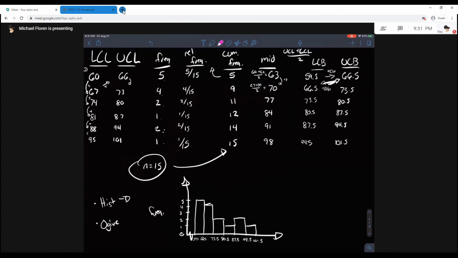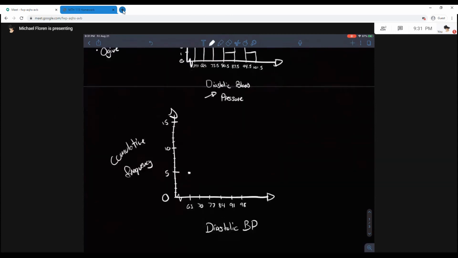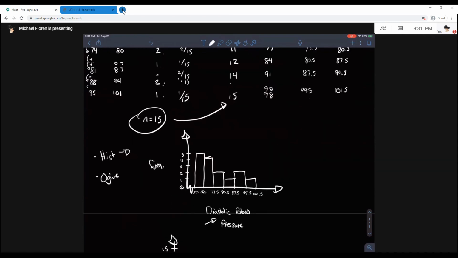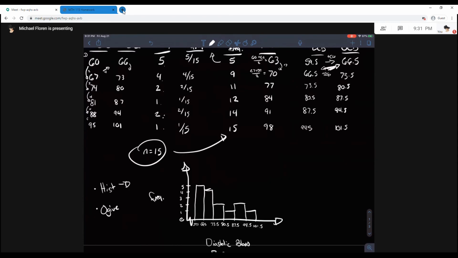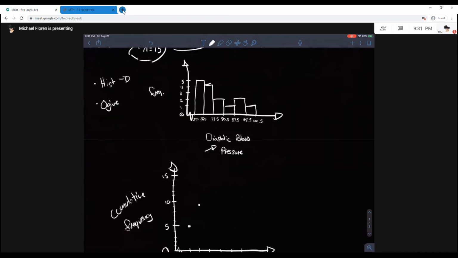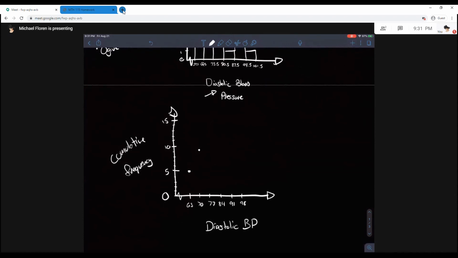Again, 70 goes up to 9 and I make a dot. And so on. 77 goes up to 11, then 12, 14, and 15. So 11 is about right there. 12 is just a little higher, and 14, and then 15, something like that.